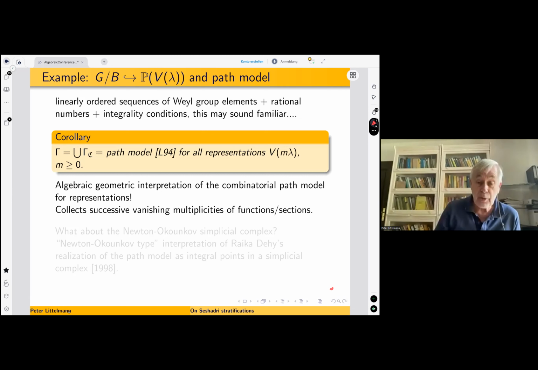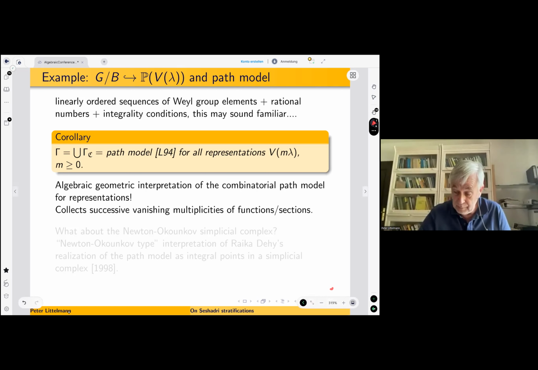And in this way, we found a nice algebraic geometric interpretation of a combinatorial model for representations, namely that these indices, which I defined purely combinatorially, can now be seen this way as successive vanishing multiplicities of functions, or if you prefer, of sections.